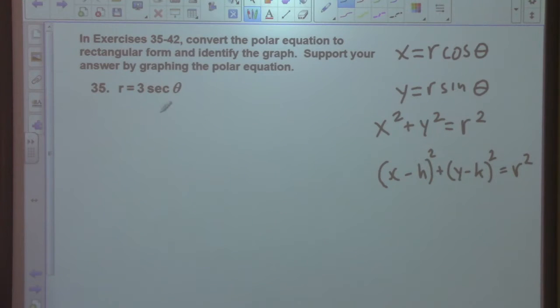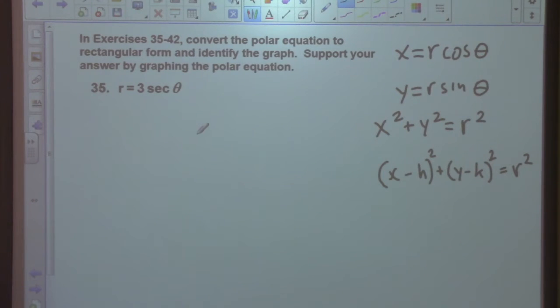And so now we start out with problem 35, and we look at this r equals 3 secant theta. This is set up in a form that we could actually graph in our graphing calculator as a polar equation. But we're going to convert this into a rectangular equation. And you have an idea of how to do that? You don't?